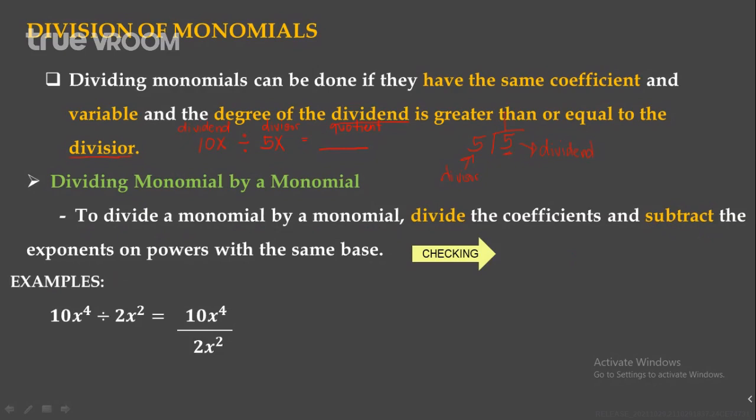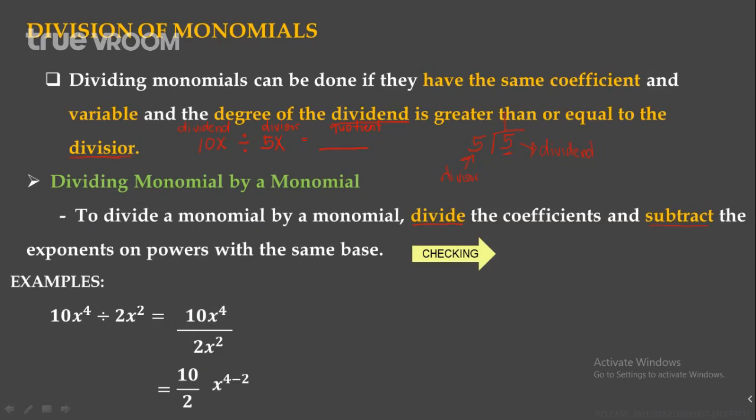So again, 10x raised to the fourth power is your dividend, and 2x squared is your divisor. First, 10 divided by 2. It says divide the coefficients, so this is 10 over 2. Subtract the exponents, so x raised to 4 minus 2. So what is 10 divided by 2? Anyone?